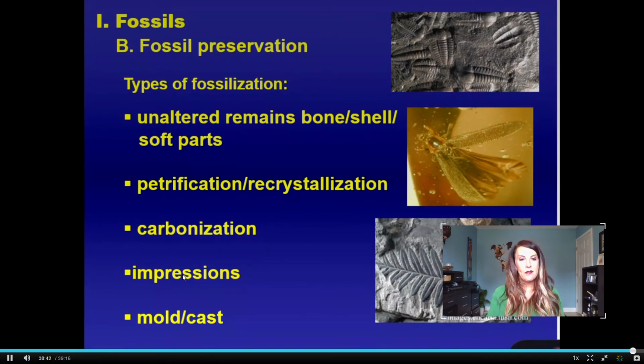And this is truly exciting, because when we think of fossils, usually I think before you come into geology, you think that the only thing you can have is maybe a piece of petrified wood or a type of bone or tooth. But we're going to look at lots of different ways that fossils can be preserved and formed.